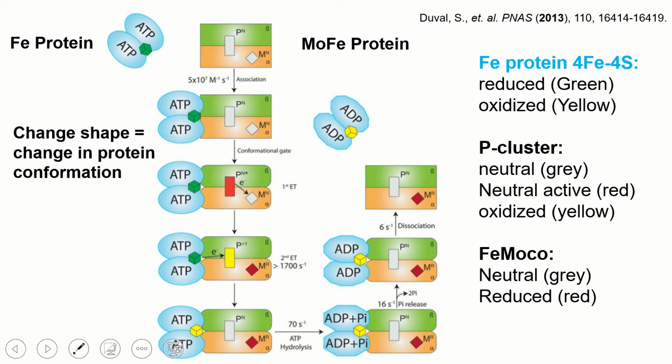The inorganic phosphate release is actually the rate-determining step here. Once this is released, it causes another conformational change, which then allows for dissociation of the iron protein from the MoFe protein.